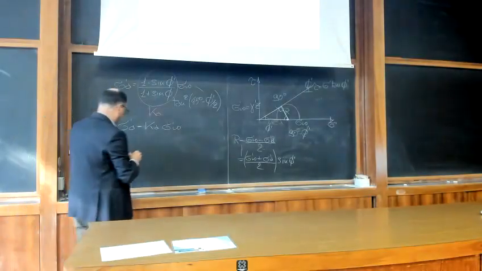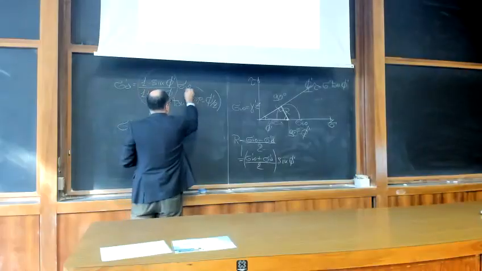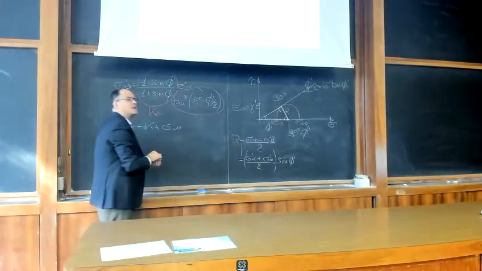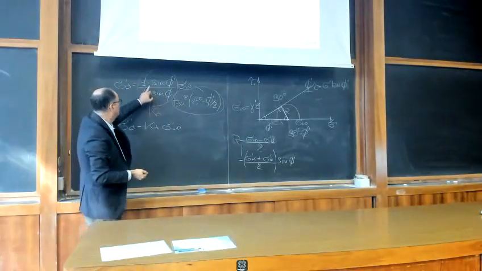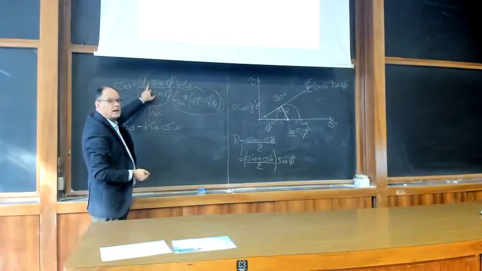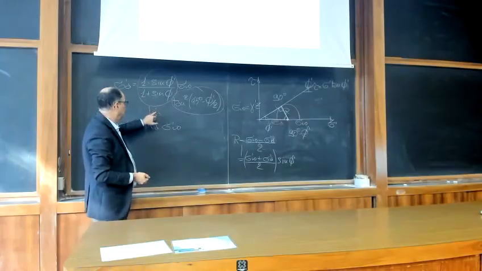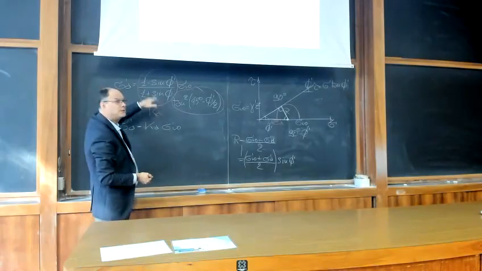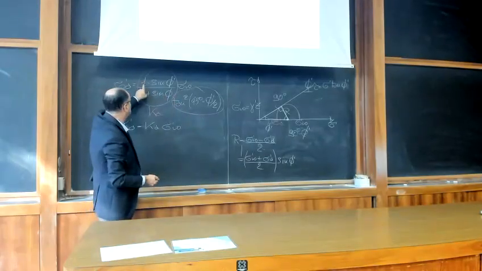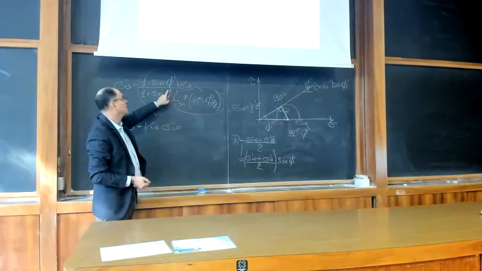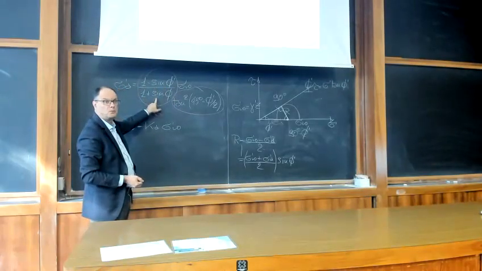So you can express Ka this way, and clearly this is less than 1. It is also less than K naught. K naught for normally consolidated soil was 1 minus sine phi. This is divided by something which is greater than 1.